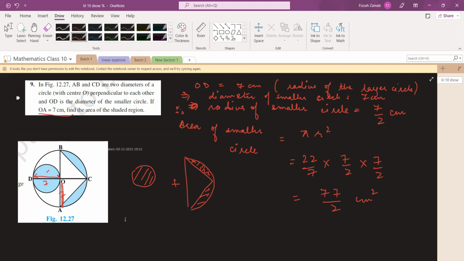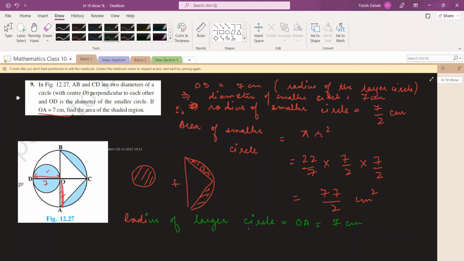Now, what is the radius of the larger circle? Which is given, right? Which is OA, which is 7 centimeter. Is that clear?